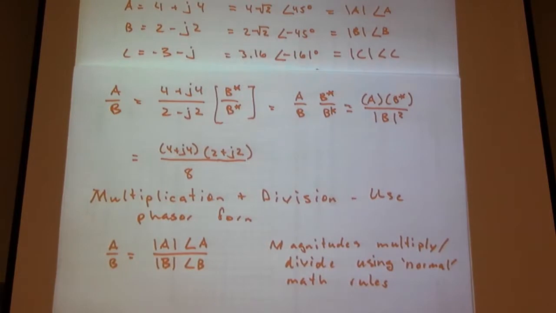So 4 over 6 would be 2/3, or 0.66. 4 times 6, 24. Normal math rules, elementary school stuff.